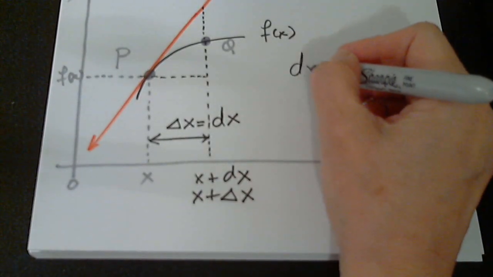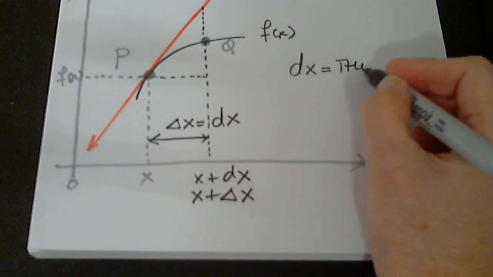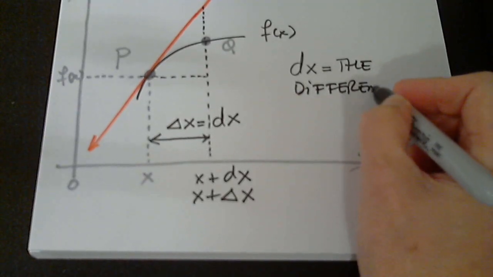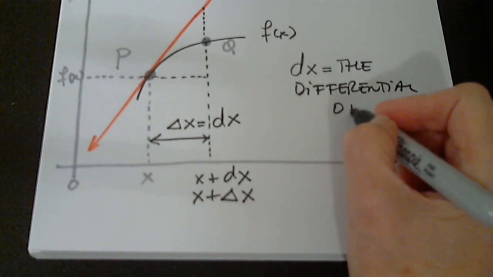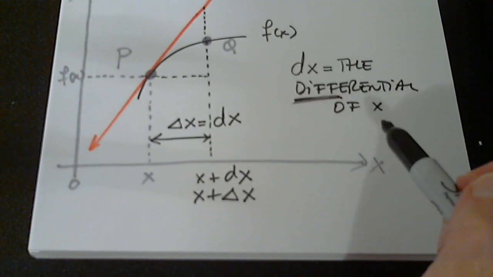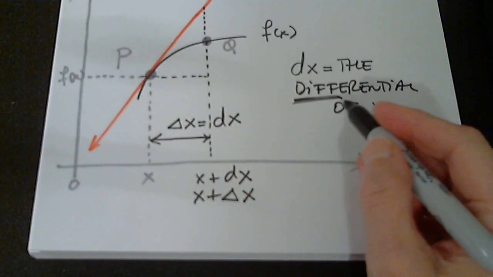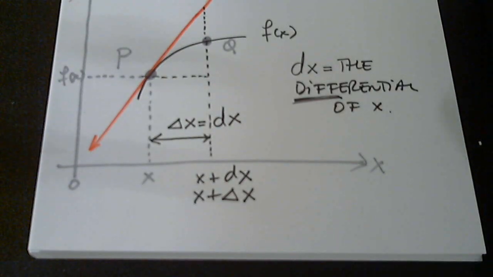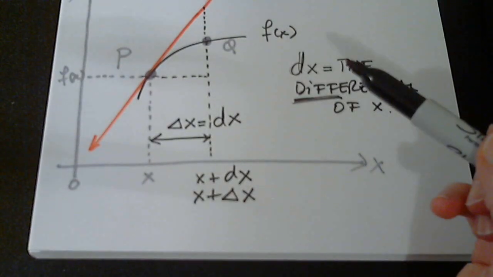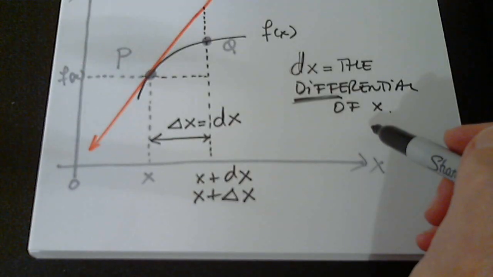So dx is something called the differential of x. Anything that has differential in it, you know it's coming from a derivative. Differential. Differentiable. So it's coming from a derivative. So that's why the notation dx. dx is the differential of x.